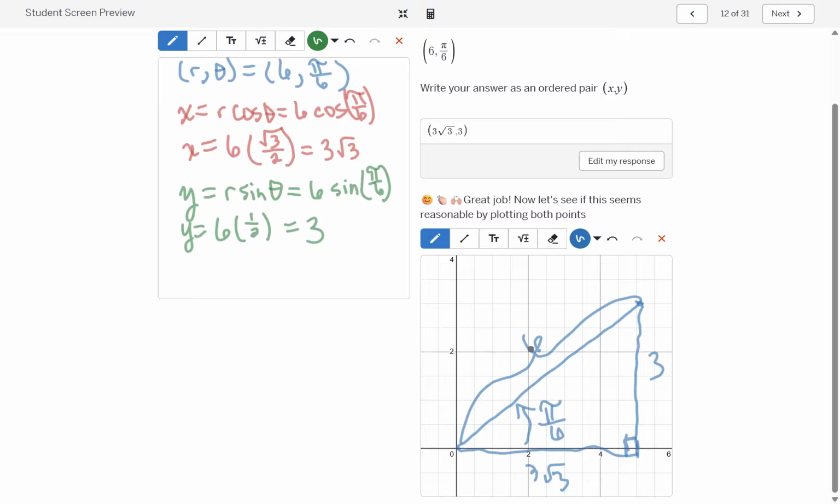And seeing the 3/6 for the opposite over hypotenuse, that's 1/2. That matches our sine of pi/6. So even though the picture isn't to scale, the relationship of all the numbers does check out.